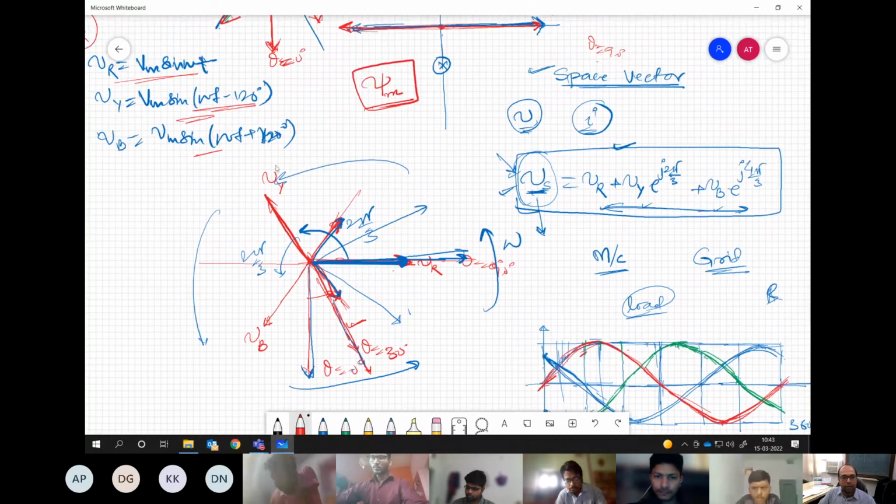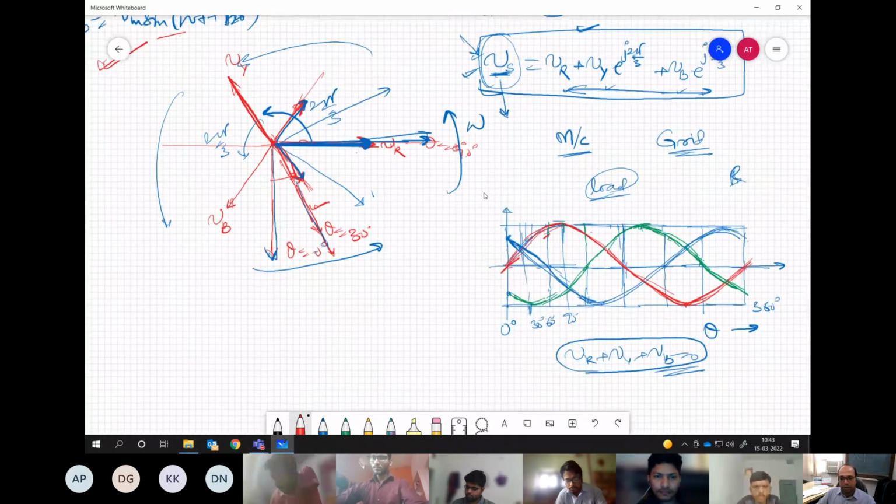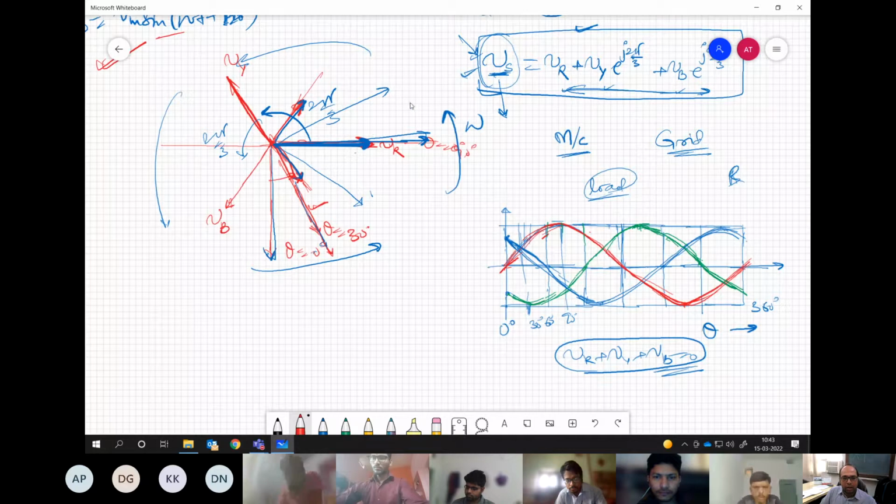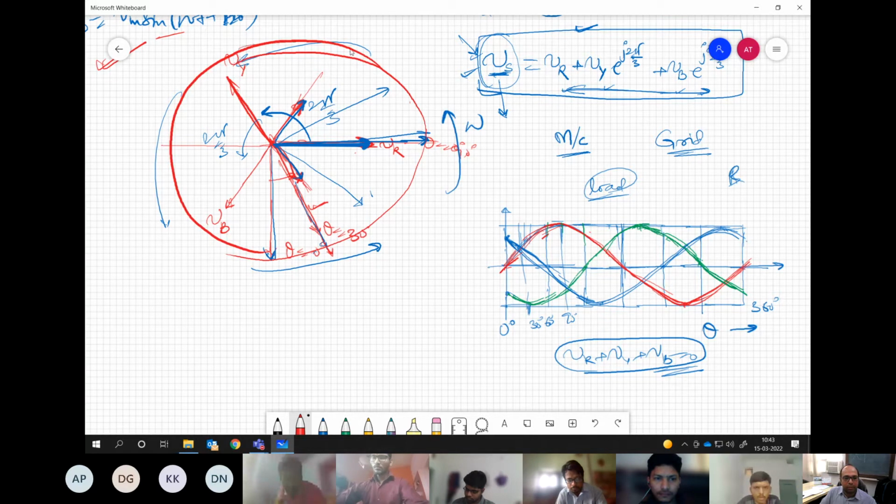So mathematically each and every point is available. So what happens? The voltage vector basically rotates on a circle. The tip of the voltage vector follows a circular trajectory.